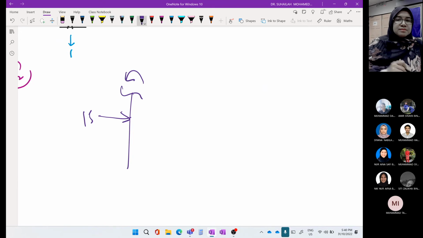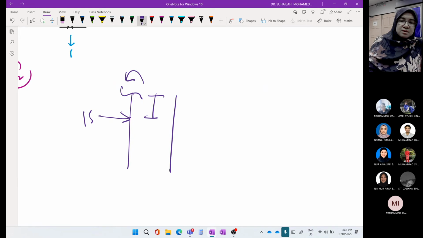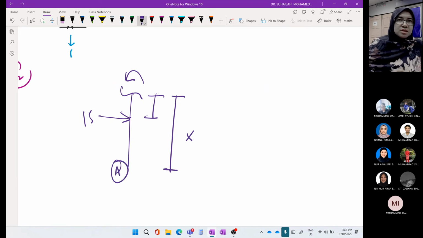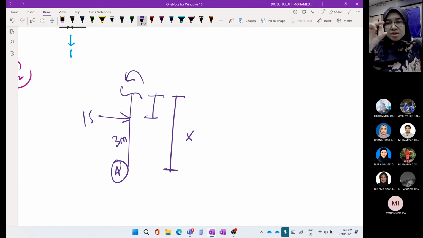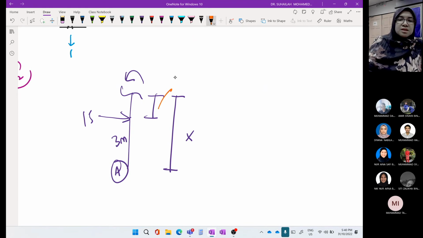Moment. This is X because A is origin. This is 3 meter. So the shortest distance to? This is X minus 3.